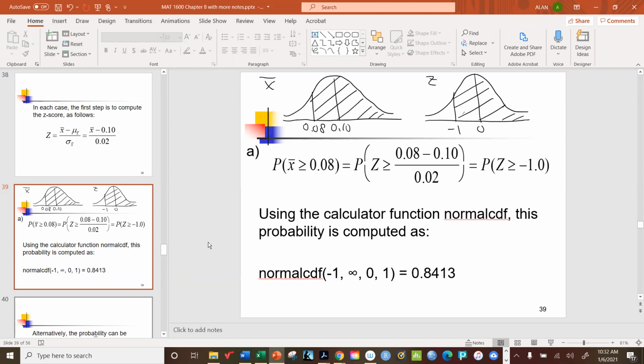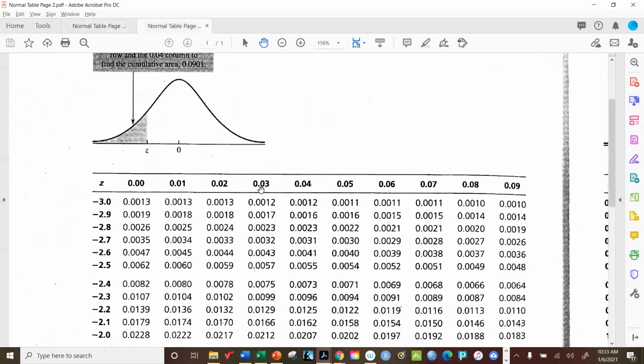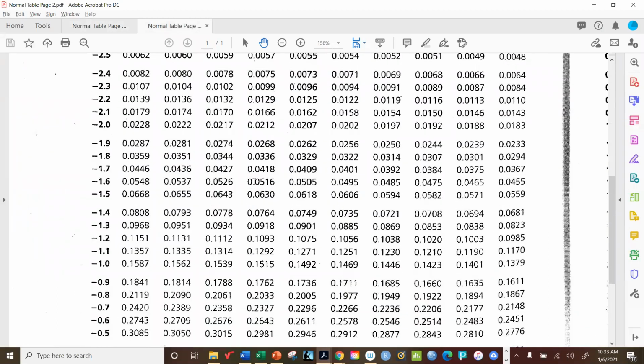Okay, so in the table, you're looking for -1. Now, remember, this is a negative value. We don't have a negative value in our positive table, so let's go find -1 in the negative table. There we go.